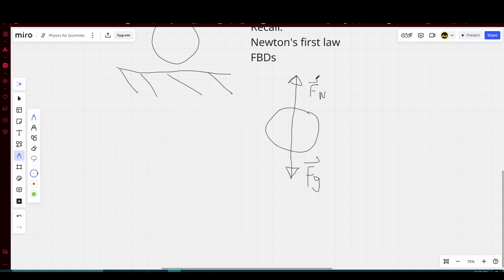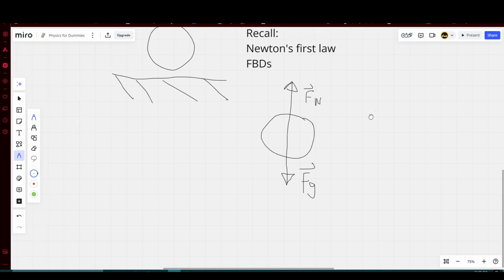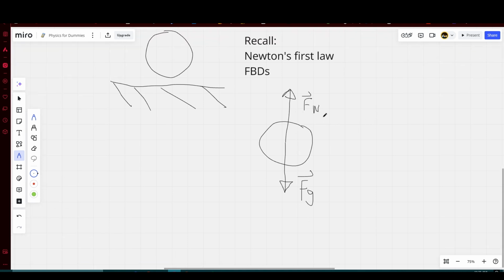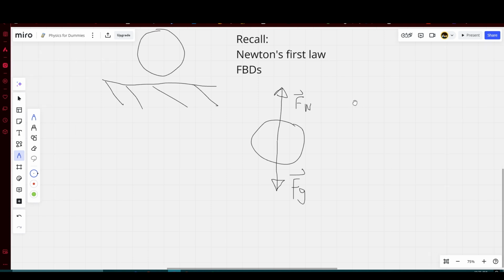Now, remember, force of gravity is just the gravitational pull of the earth pulling things into the ground. And the normal force is what's stopping gravity from pulling us through the ground. Normal force opposes gravity. Now there's different types of forces. It's not just these two, but we're going to talk about those in, I think, part 3 or part 4. I'm not too sure yet. Anyway, let's get into this lesson now.